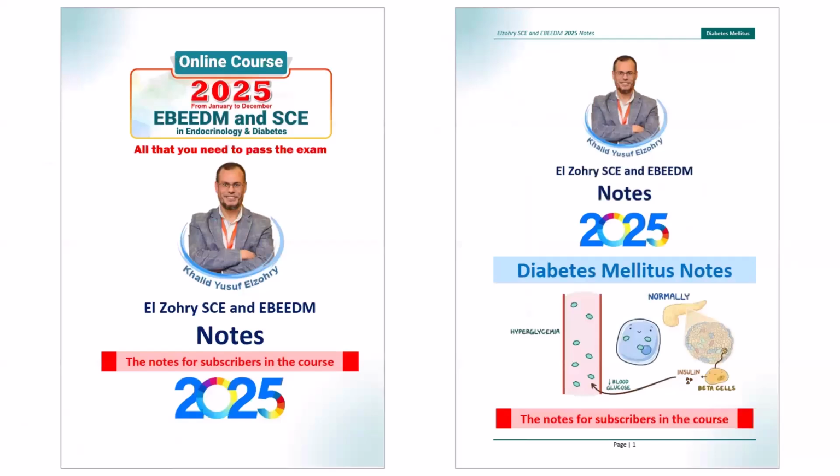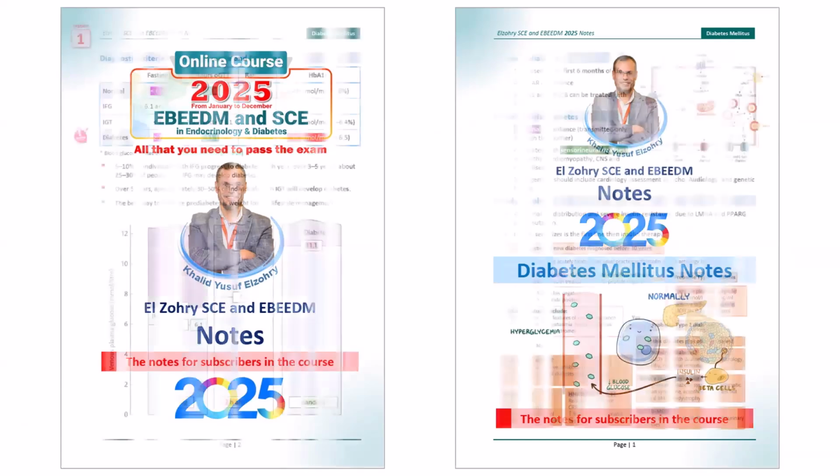In my course, and actually this is unique for this year, I prepared notes and a lot of collections for the current course subscribers. Actually, I will give these notes at the end of each module. So after diabetes mellitus, you will get diabetes mellitus notes like this.